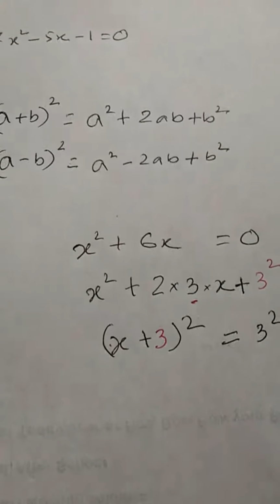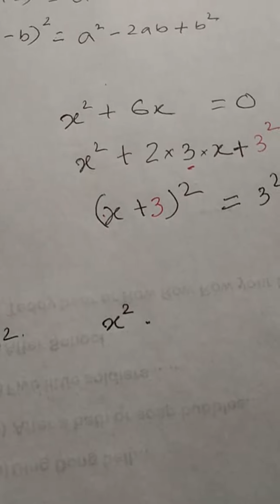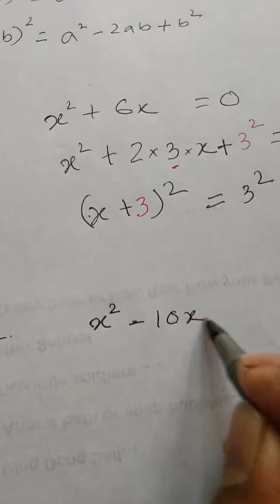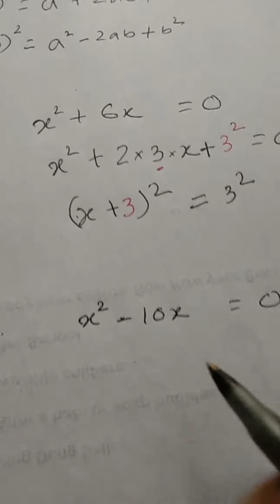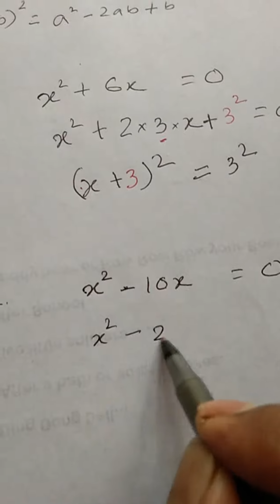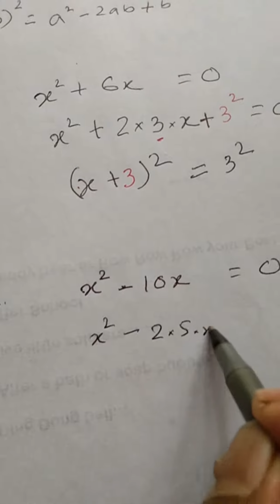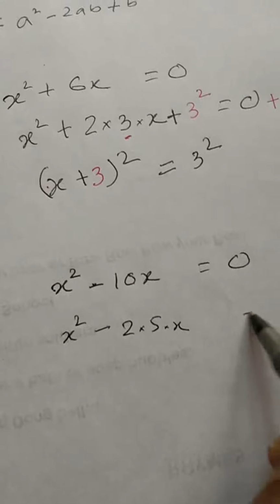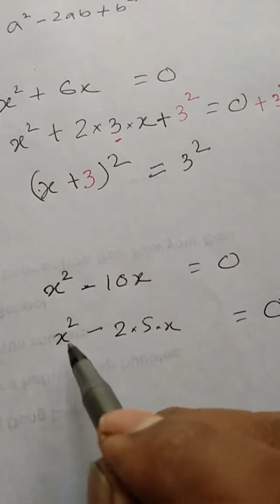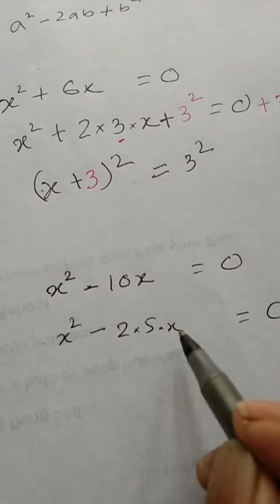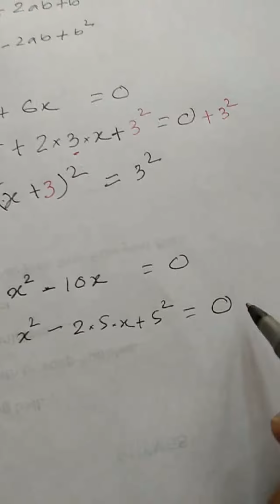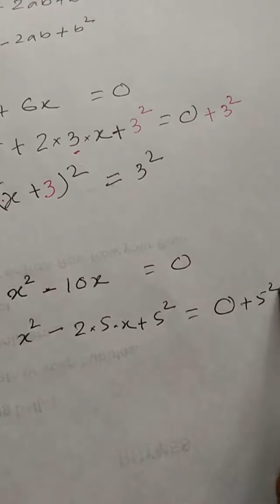Let us take one more example. If x square minus 10x is given, then again this 10x we can write as 2 into 5 into x, and then to complete the square, seeing this as a square minus 2ab, this b square, which is 5 square, we'll have to add to both sides.